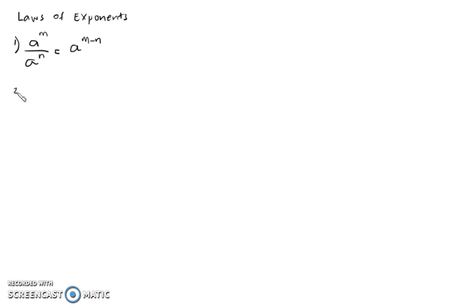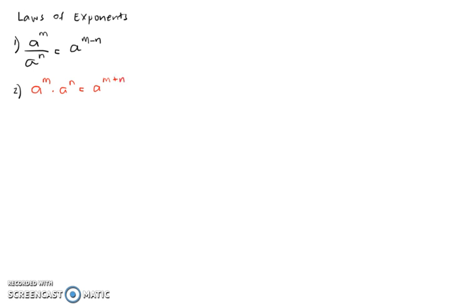So another law that we need to consider is that if we have, let's say, a raised to m multiplied by a raised to n, we simply add the exponents.